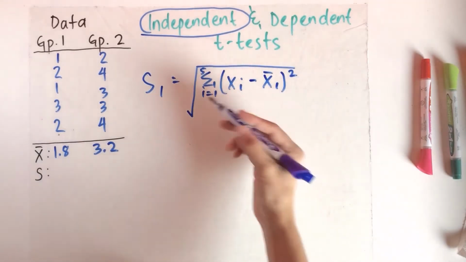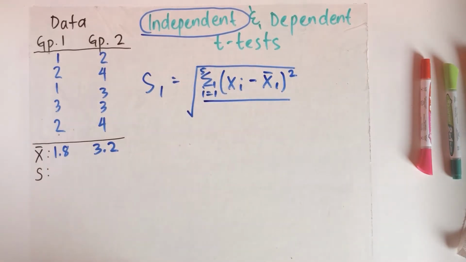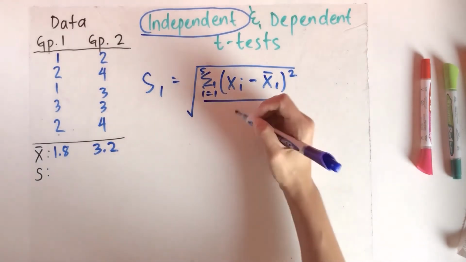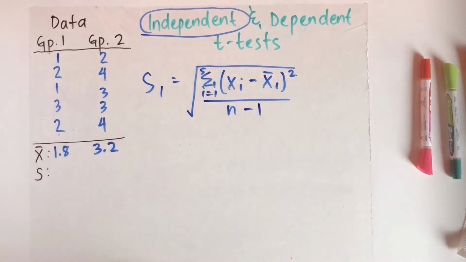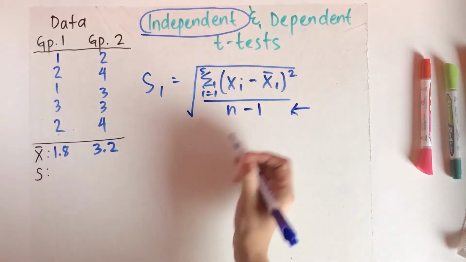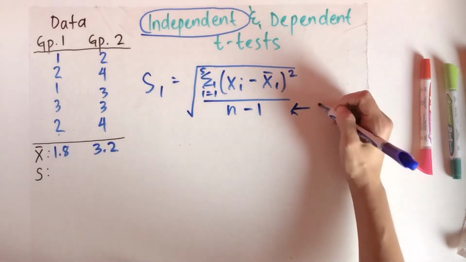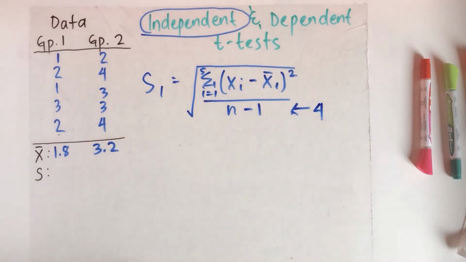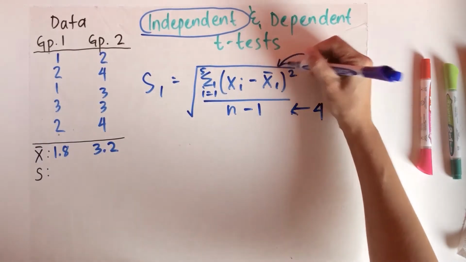So sum of squares on the top, and everything there is divided by not n, but n minus 1. In this case, n is 5, so we'll be dividing by 4. And the mean is, of course, 1.8.